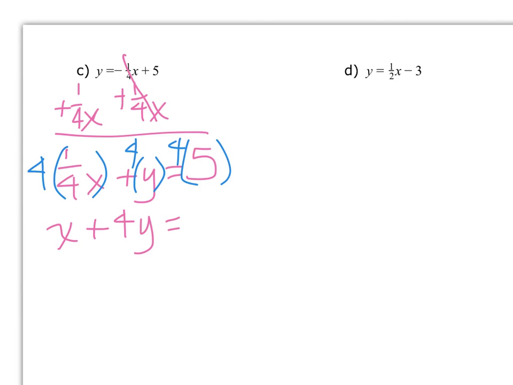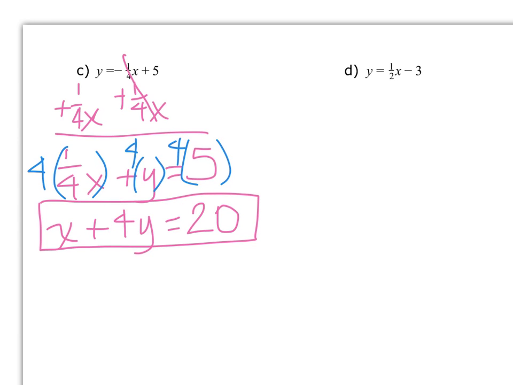And 4 times 5 is 20. So now x and y are on the same side. A and b are both whole numbers. Is a positive? Yes. So this is my equation in standard form.